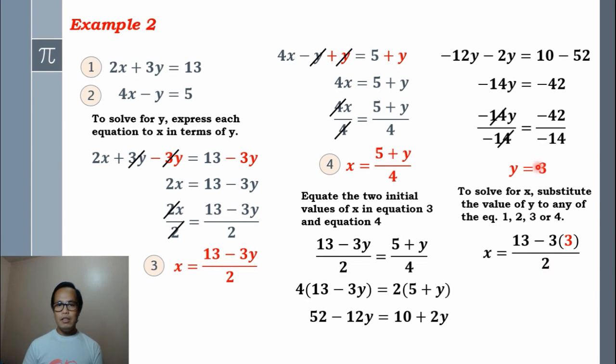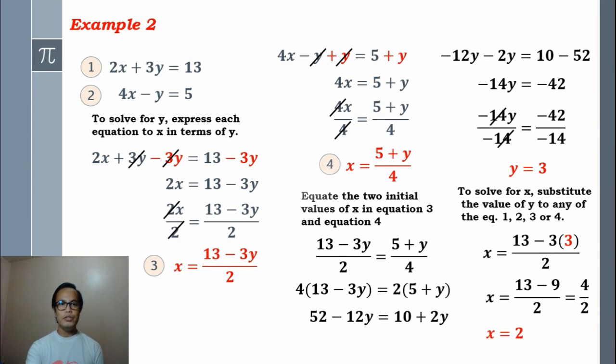Since our y is 3, instead of writing y, we change that with 3. So to simplify, negative 3 times 3 is negative 9. So we copy 13 minus 9 over 2. 13 minus 9 is 4 divided by 2. Of course, our x is equal to 2. That is 4 divided by 2. So if our y is 3, our x is equal to 2 for this set of equations.